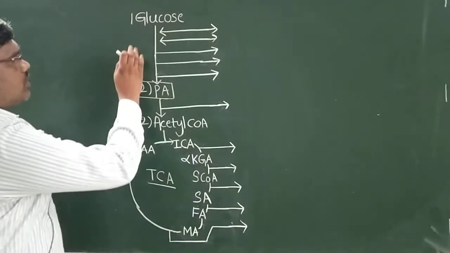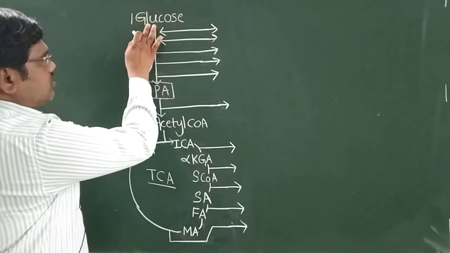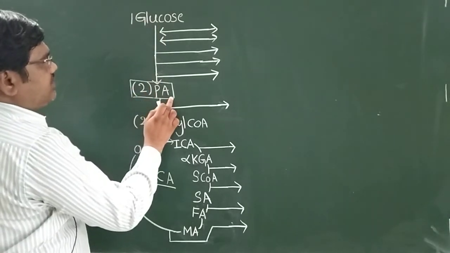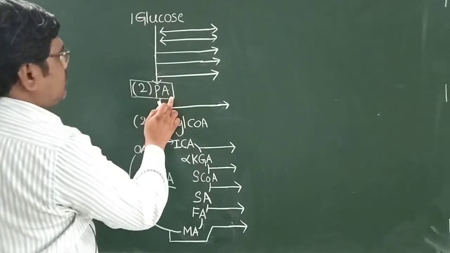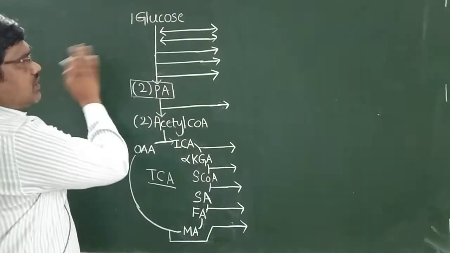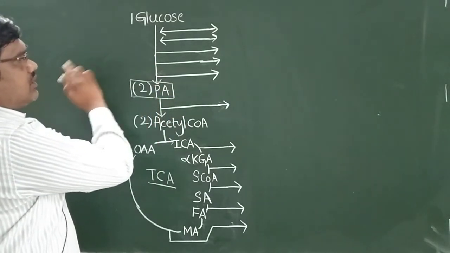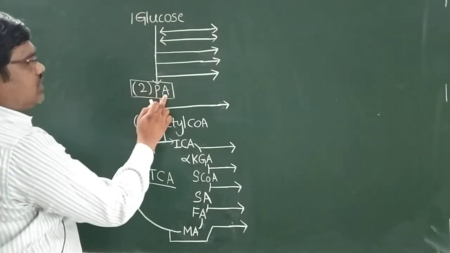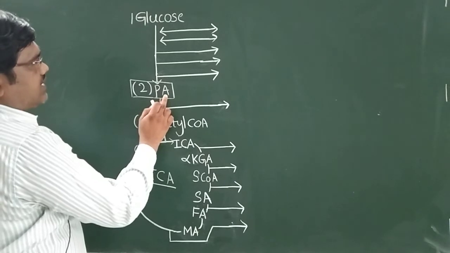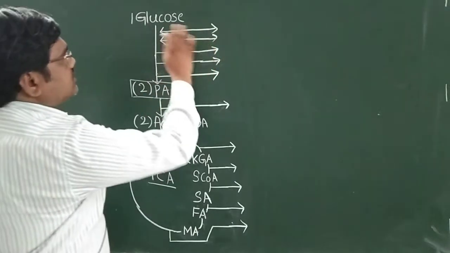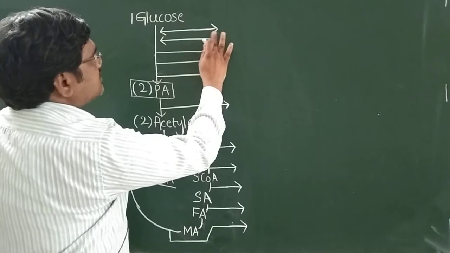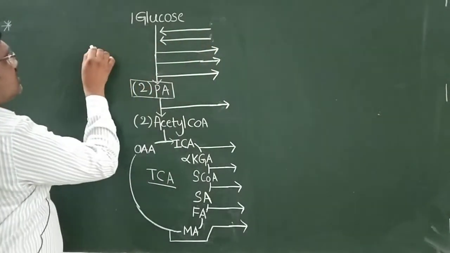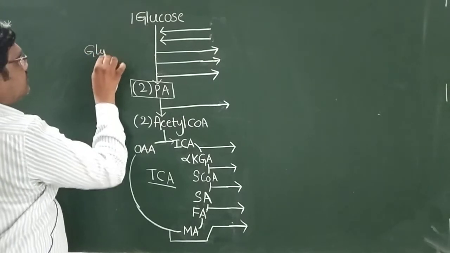Here glucose is converted into two molecules of pyruvic acid. So let's go back to glycolysis. Remember that one glucose molecule is converted into two molecules of pyruvic acid. This process is glycolysis.